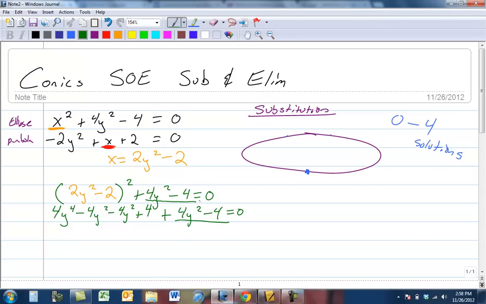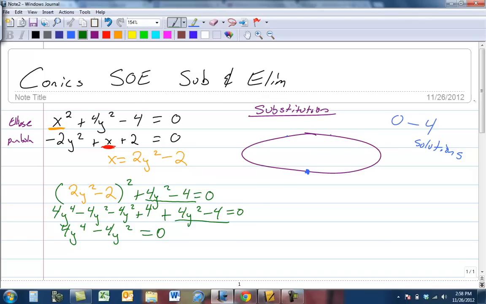Okay, so we're going to combine like terms. We get 4y to the 4th minus 4y squared, because one of the y squares cancels out, and then the 4 cancels, equals 0. Just combining like terms.